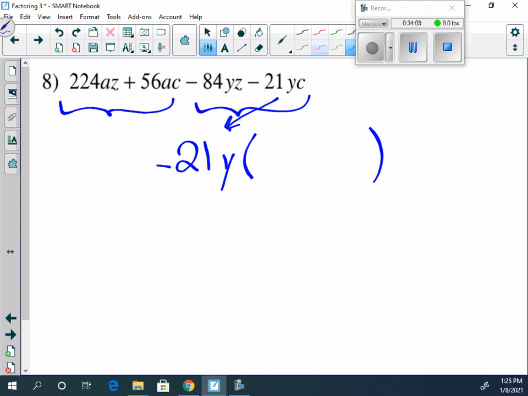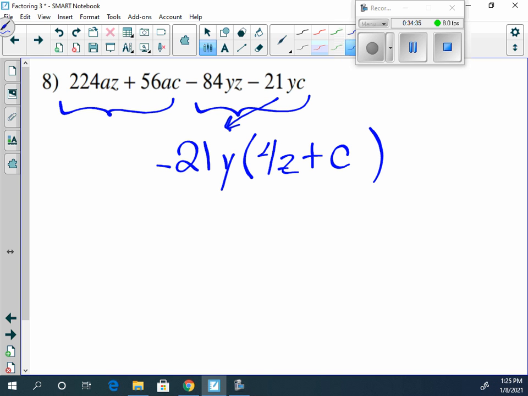Now, negative 84, if we factor out negative 21, well, the negative and negative would make a positive. 84 divided by 21 would give us 4, and then we have z. Well, if I factor out a negative 21, it's going to be plus c, because c is the only thing left there.